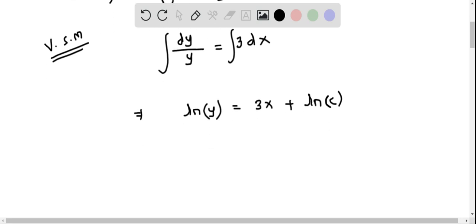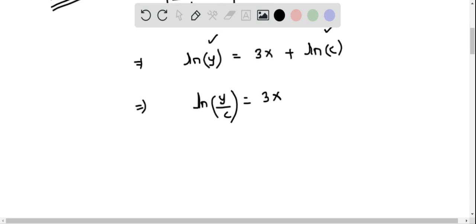We will solve for y from this one. I subtract natural logarithm of c from this equation, and using the properties of logarithm, this will combine with the natural logarithm of y, and we can then write natural logarithm of y over c equals 3x. Now we exponentiate both sides, that is, e raised to the power of 3x.